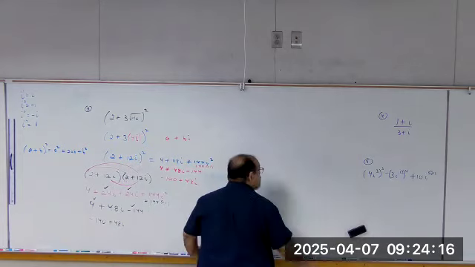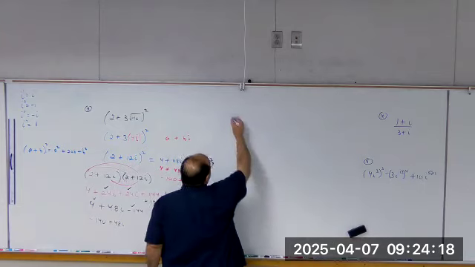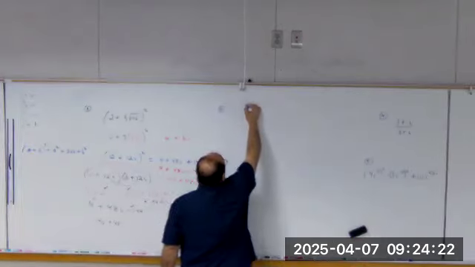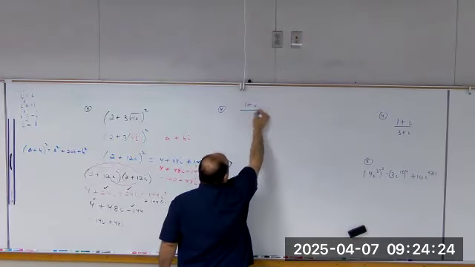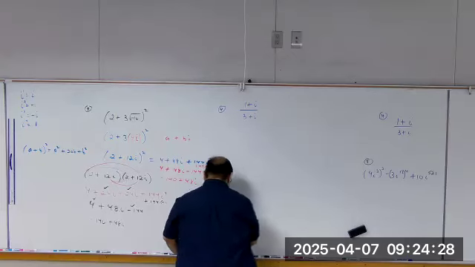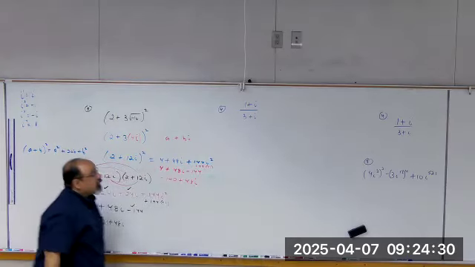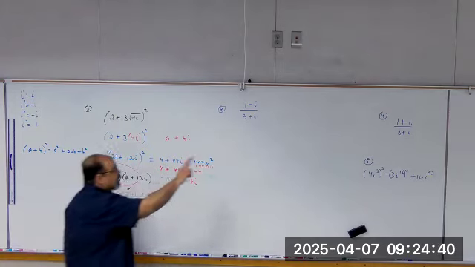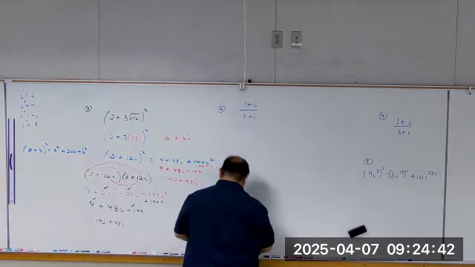Problem on the test gonna look like number 4 right there. Simplify 1 plus i over 3 plus i. You can't have radicals in the denominator, which means you can't have an i down there either. So we have to multiply, since it's a binomial, 2 terms, by the conjugate.